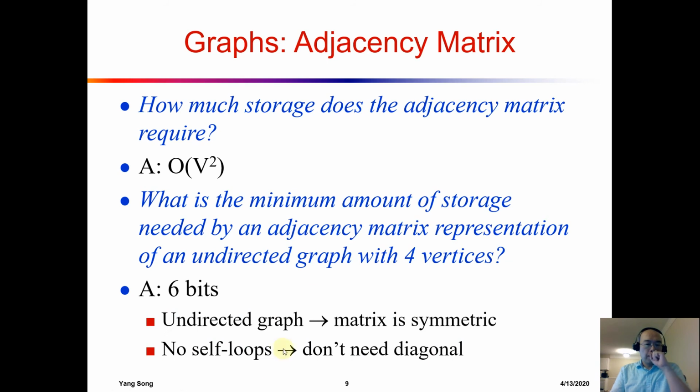So the matrix is symmetric, and if it is symmetric, we only need to store half of that. Another definition of the undirected graph is there's no self loop, no loop between u and itself. So in this case, we don't need the diagonals.